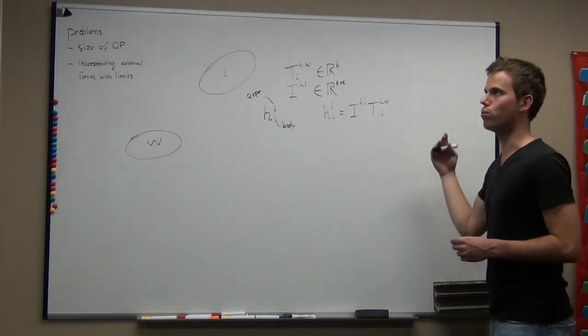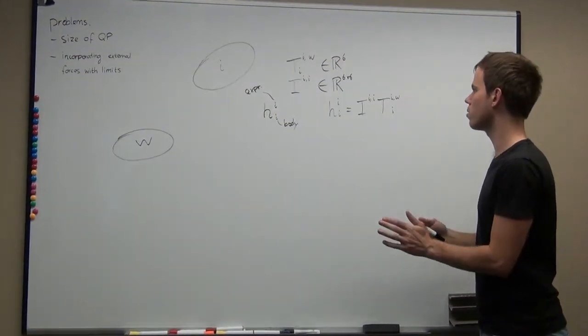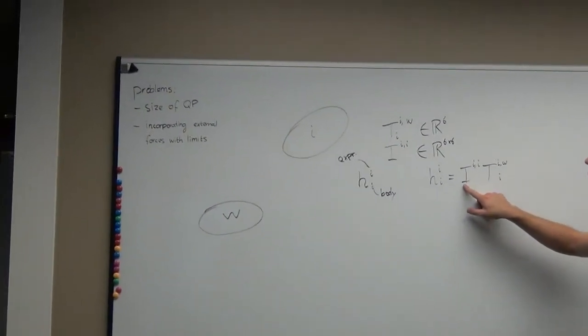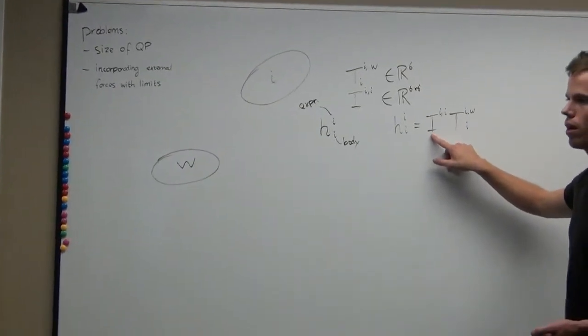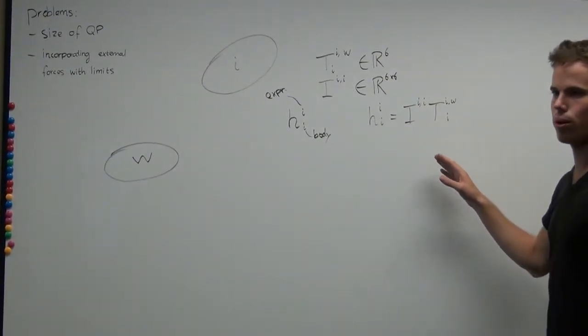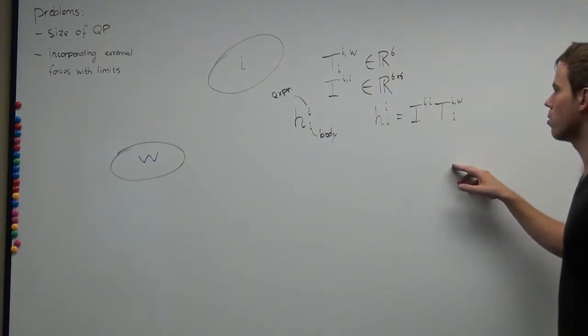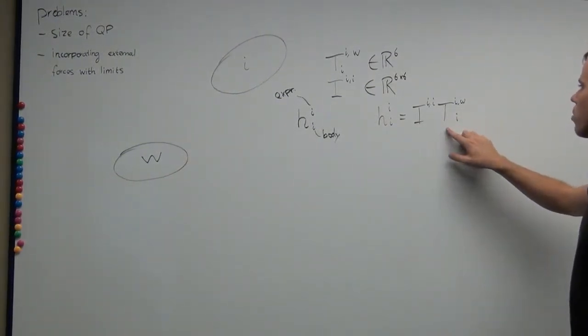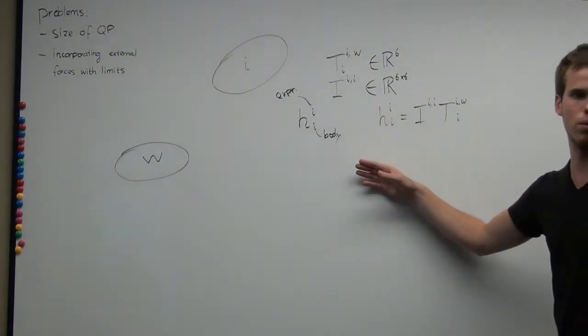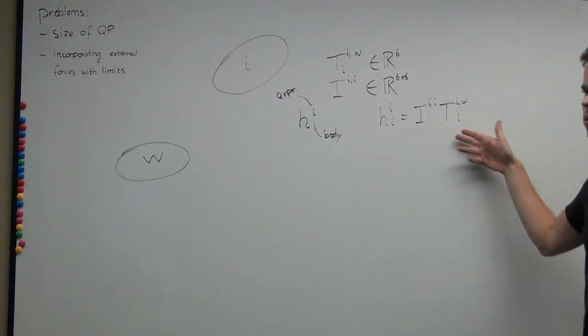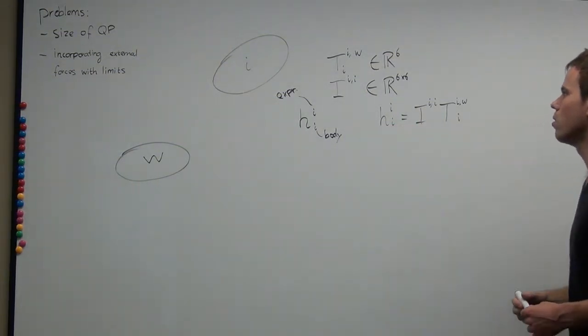Comparing this to a single point mass, we would have mass as a 3x3 diagonal matrix with all m's, times velocity would be your momentum. But now this is how you generalize it to 6D vectors.